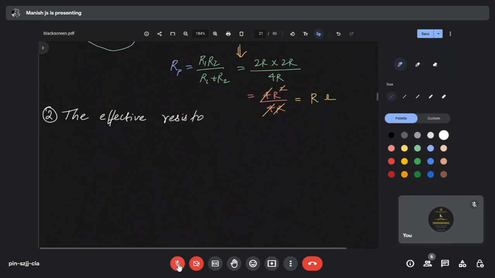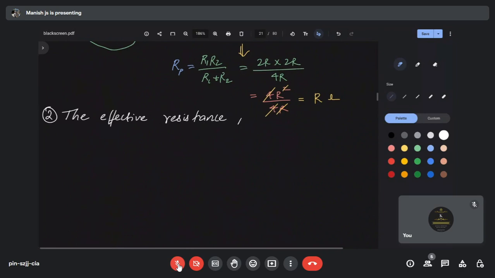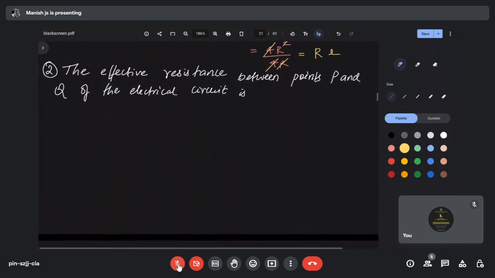The effective resistance between points P and Q of the electrical circuit is, so here comes the question.